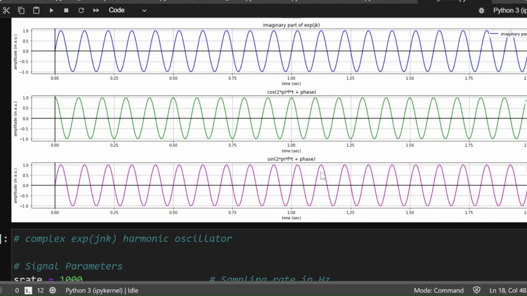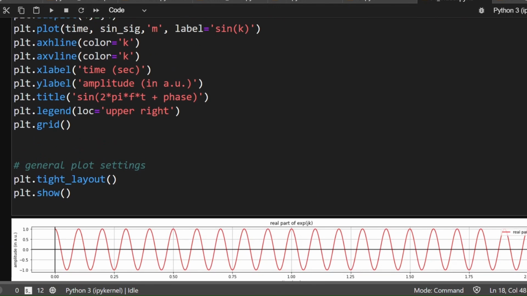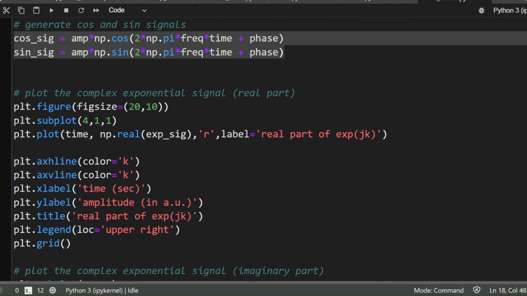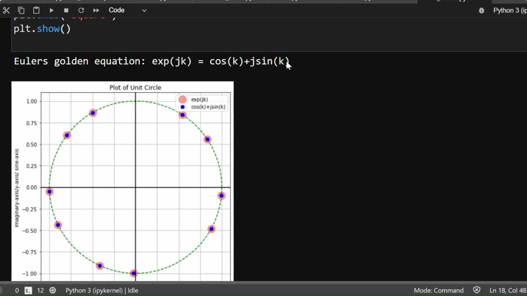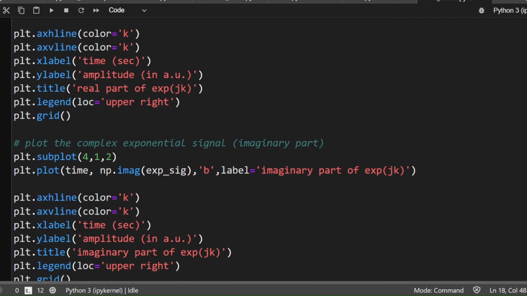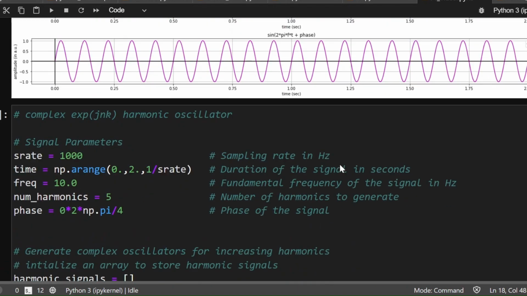So this confirms our Euler's formula, and this is a very, very important discovery, because what we know now is that we can generate sinusoids from a complex exponential, and this in turn becomes nothing but an oscillator. So let's see if it's functioning as an oscillator.